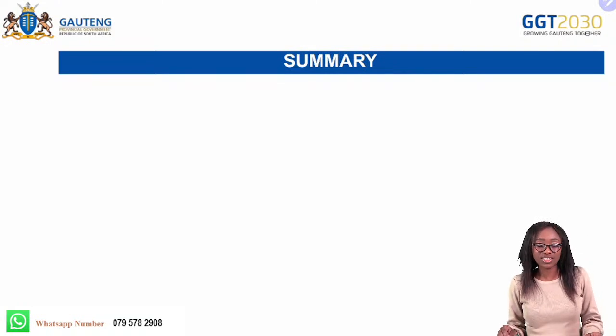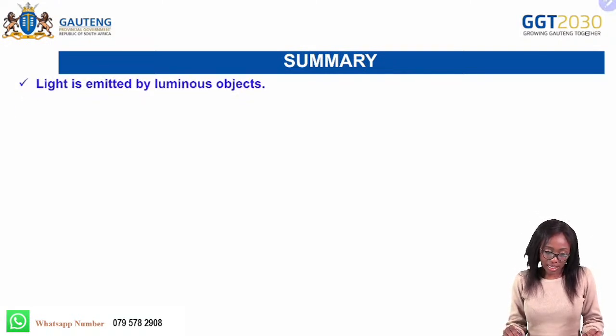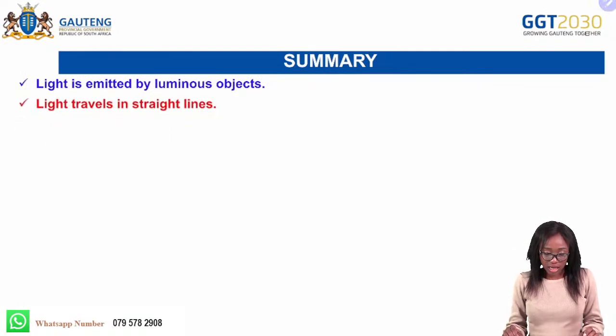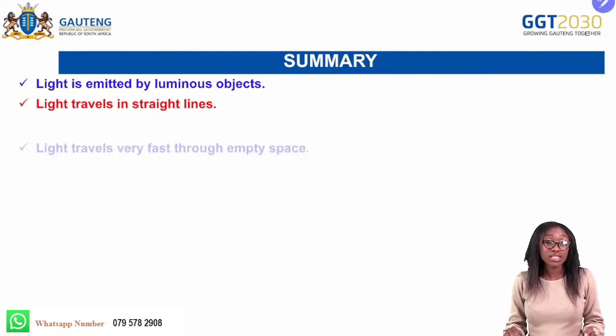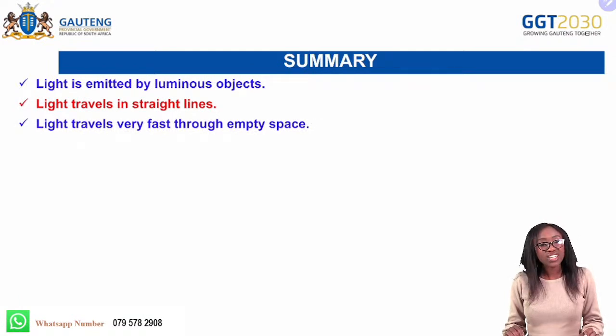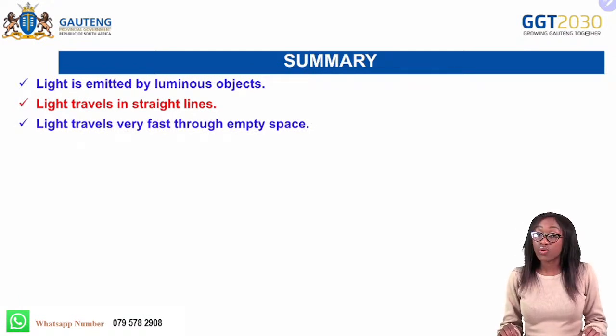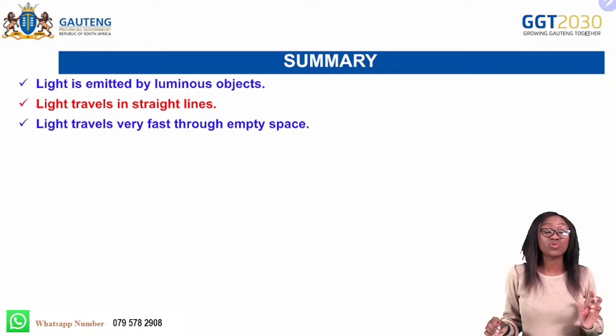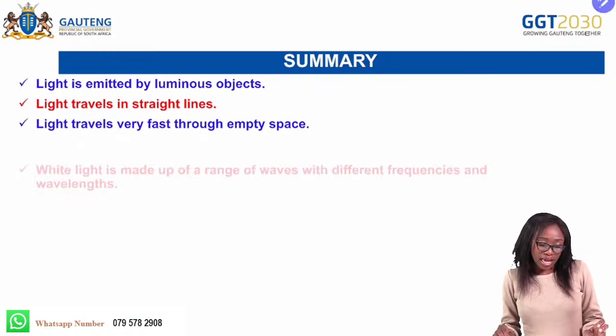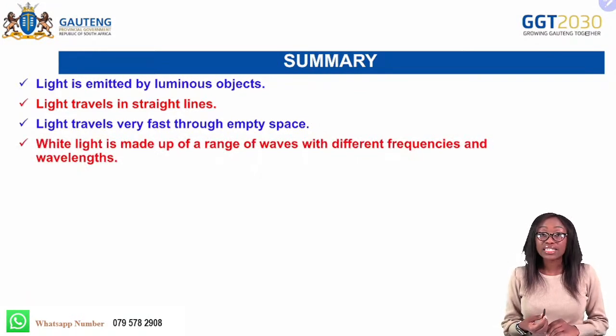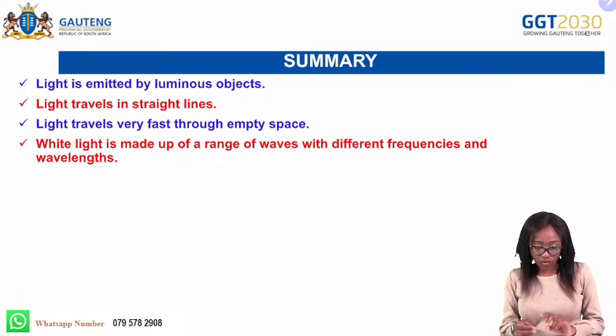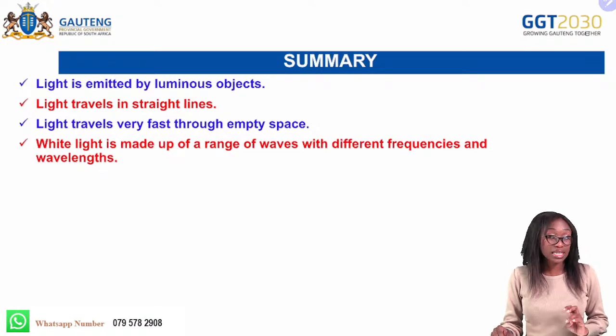What did we learn today? Today we learned that light is emitted by a luminous object. Light travels in straight lines. Light travels very fast through an empty space, like the space between the earth and the sun. White light is made up of a range of waves with different frequencies and wavelengths.